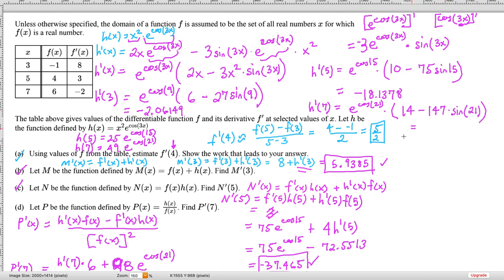And then now, again, use the calculator. You're going to get e to the cosine 21 times 14 minus 147 times sine 21, negative 63.0237.